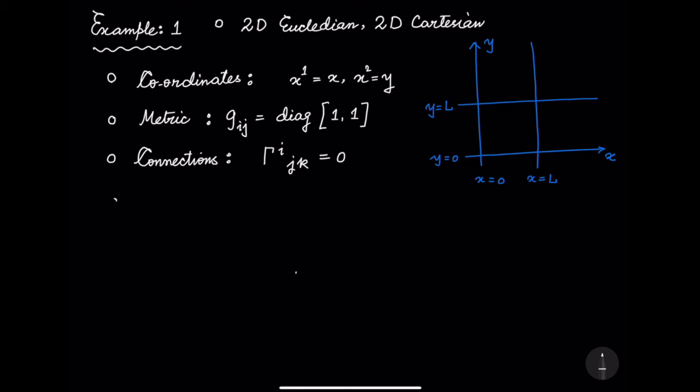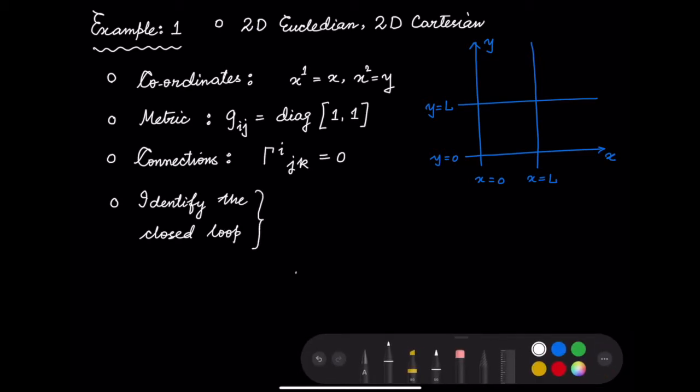The next thing to do is to identify the closed loop, which will go through the coordinate lines. Well, it's quite trivial here.